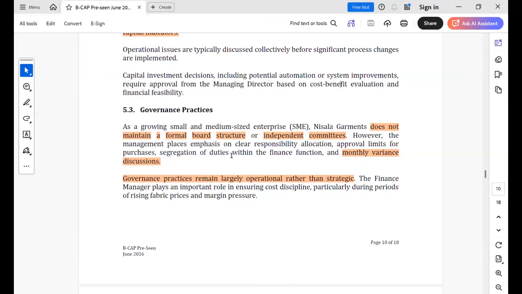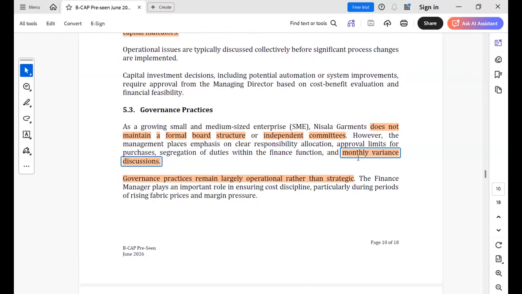However, the management places an emphasis on clear responsibility allocation, approval limits for purchases, segregation of duty within the finance function, and monthly variance discussion. This is another one. Variance means, remember always, actual versus standard, right? For example, if you estimated the cost of fabric is 100 rupees, and you happen to purchase the material in the market for 120 rupees, then there is a variance of 20.